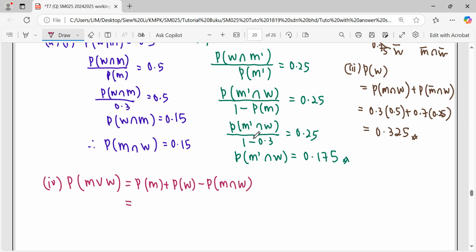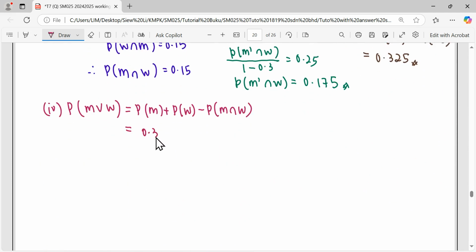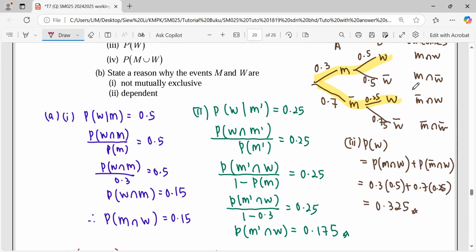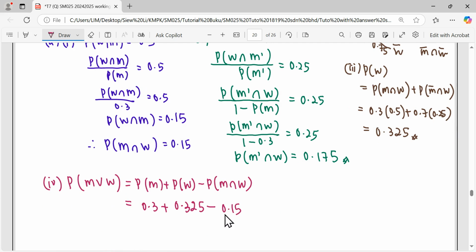The probability of M is 0.3, and P(W), which we just found, is 0.325, minus M intersect W, which we already got as 0.15. Then we simplify this and get 0.475.